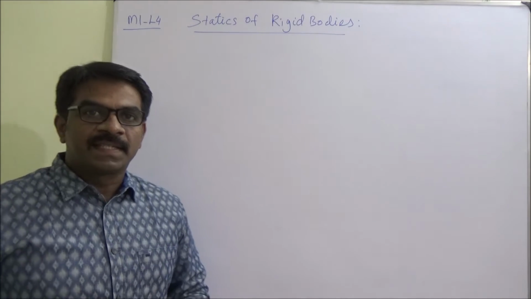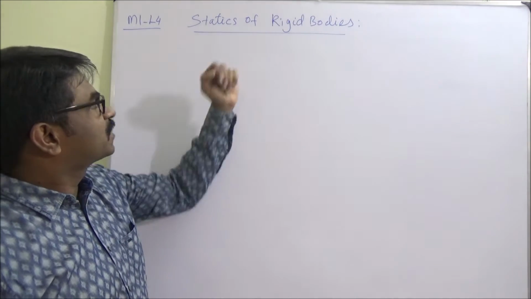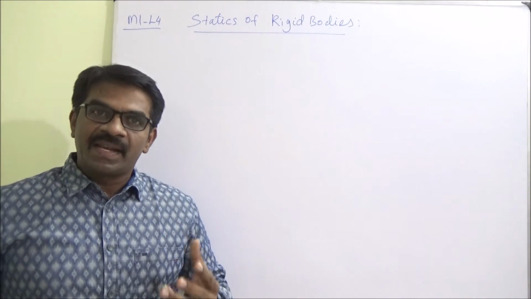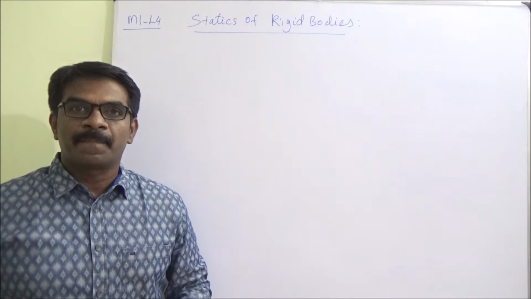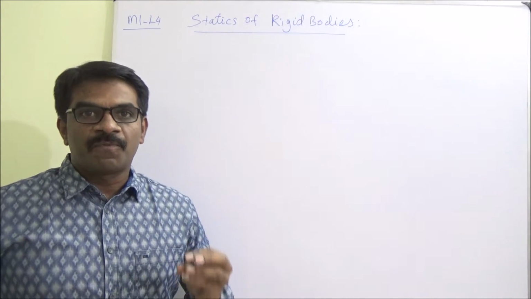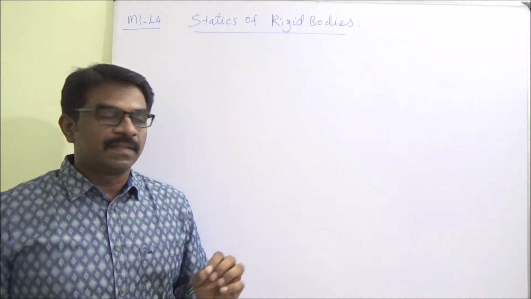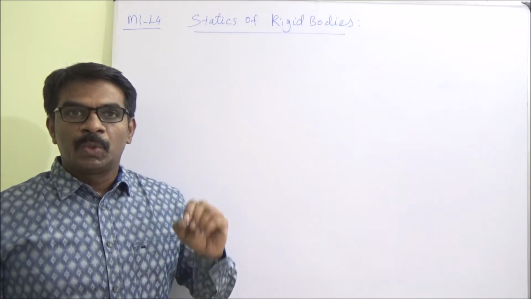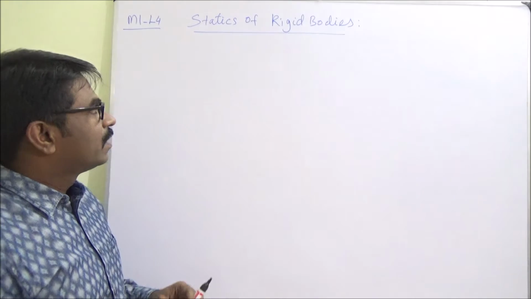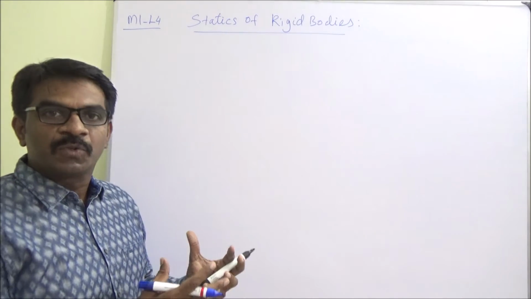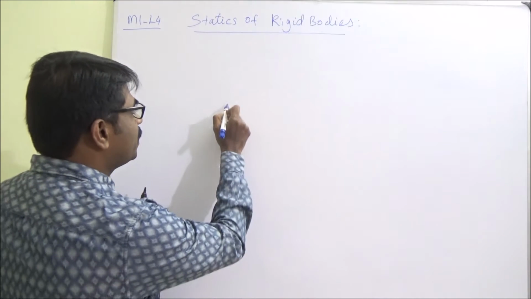Let us now discuss statics of rigid bodies. So far in 3 lectures, we were discussing the statics of particles, the forces that are acting on a particle. Now we will move on to the rigid bodies. When we are discussing rigid bodies, we have to use the equilibrium equations.